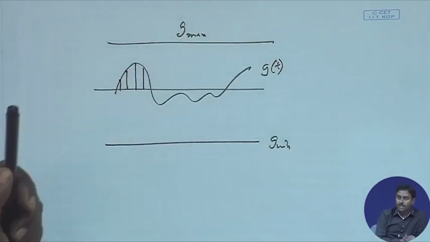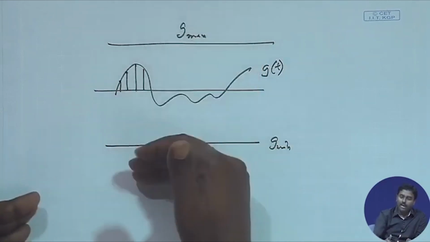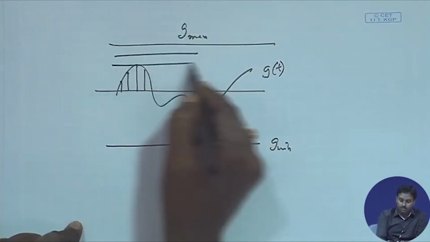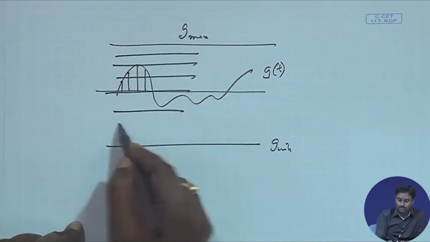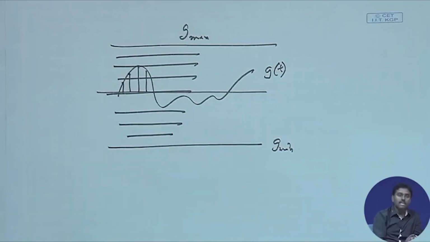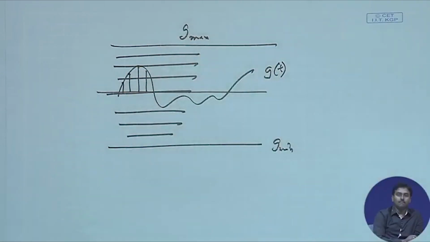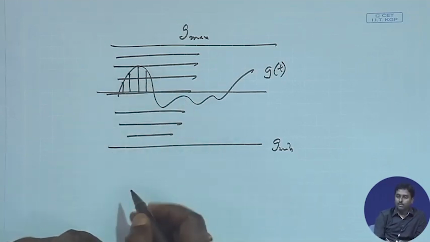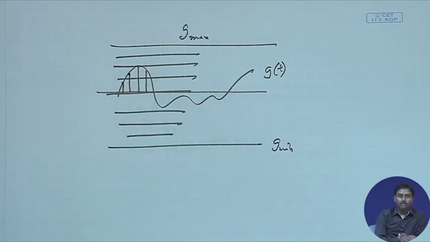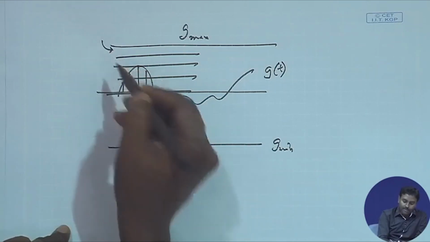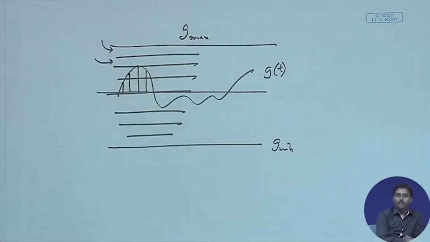Once I know this range, I divide this entire range into smaller ranges, as many as I wish. How many I define depends on what kind of design I want. Then for each of these samples I see which smaller range it corresponds to, and for every range I give an equivalent digital representation.